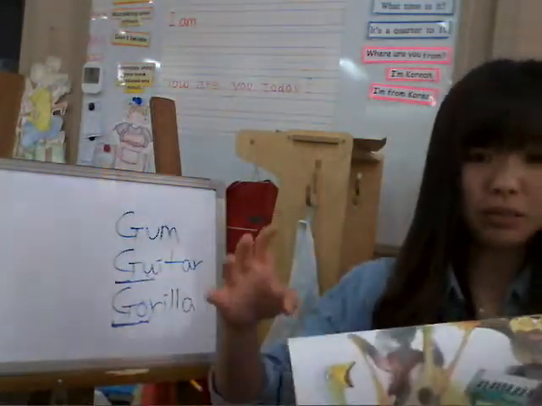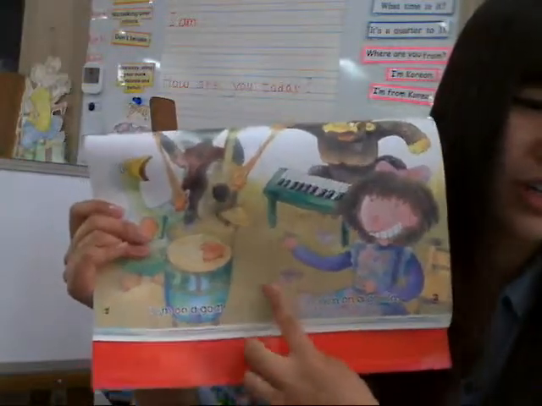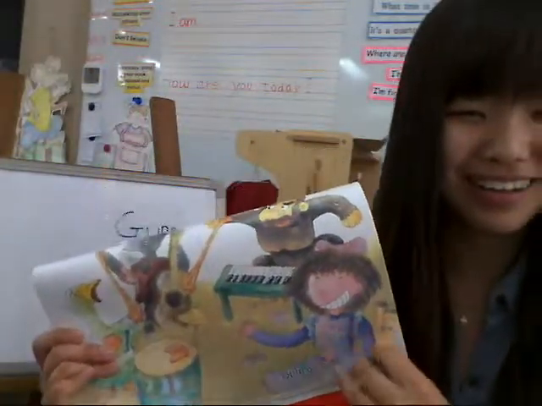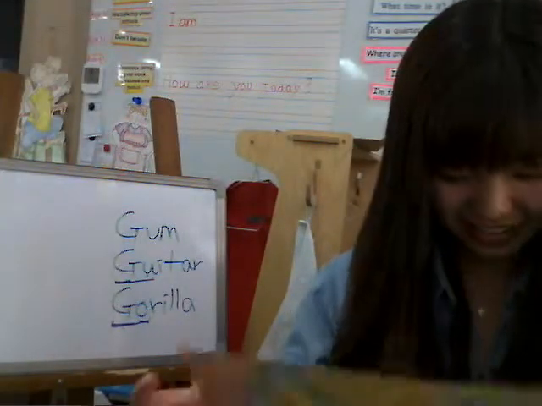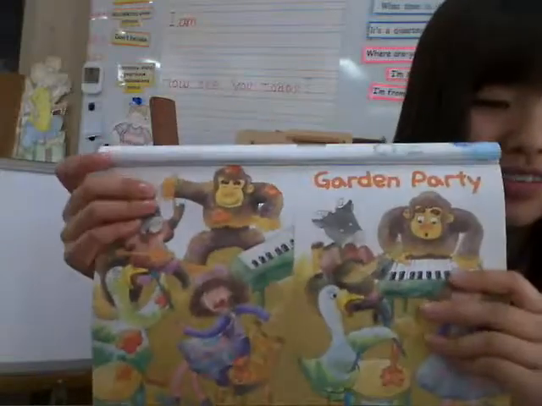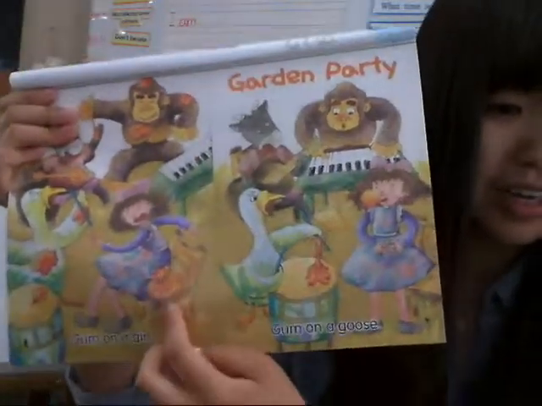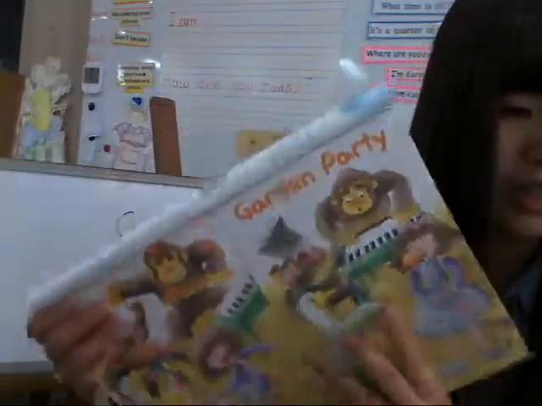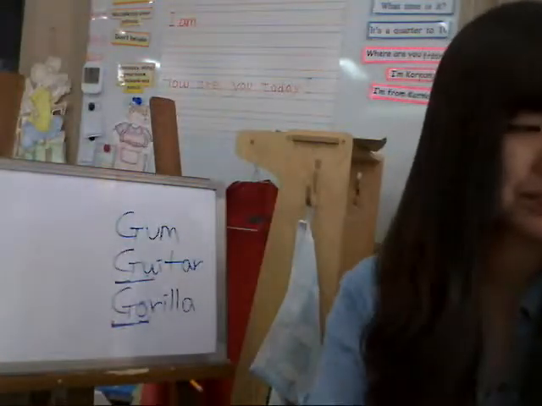So it's gums everywhere, and this girl is just smiling. And finally, you see that the gum is on a girl. Gum on a girl.